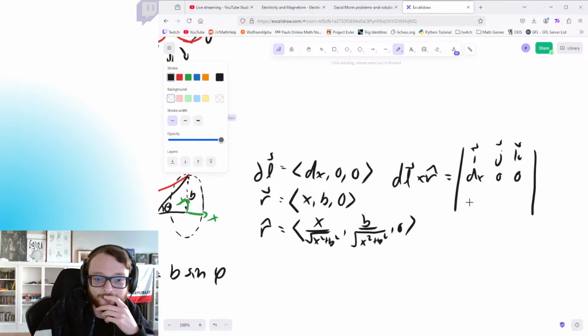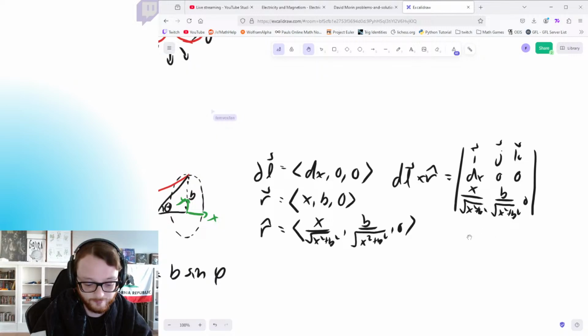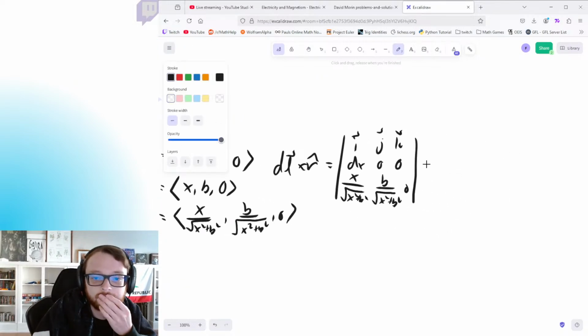This cross product isn't so bad. I guess we get two components, don't we?